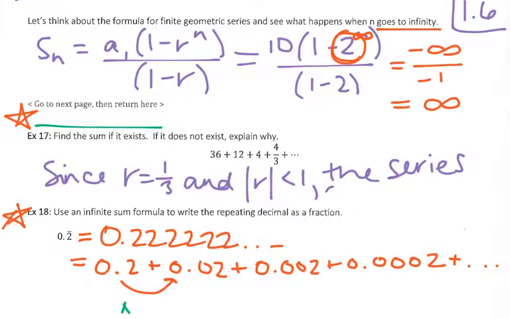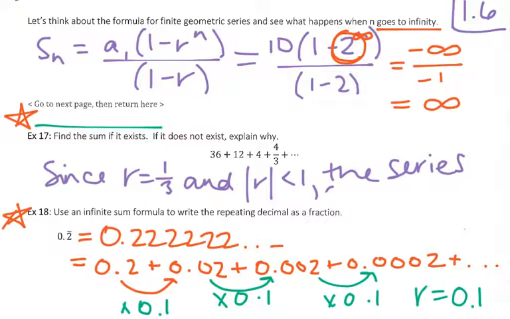Well, you multiply by 1/10, or 0.1. To go from 2/100 to 2/1000, you multiply by 1/10, or 0.1. So each time we're multiplying by 0.1. That means my r value is 1/10, or 0.1. My initial value is this 2/10.